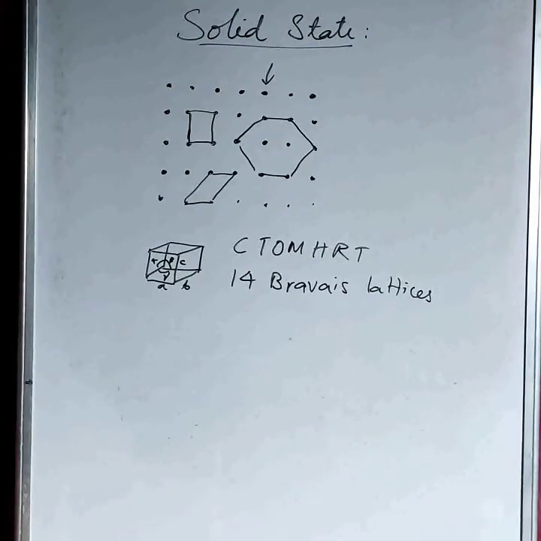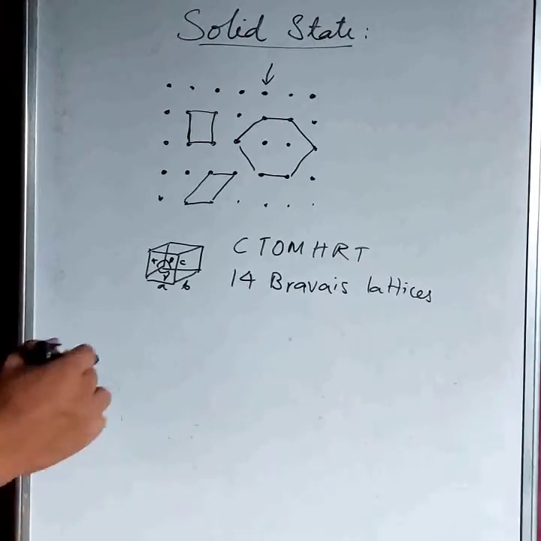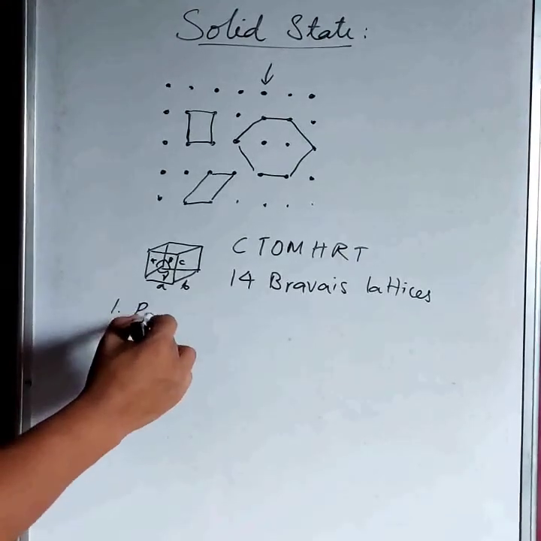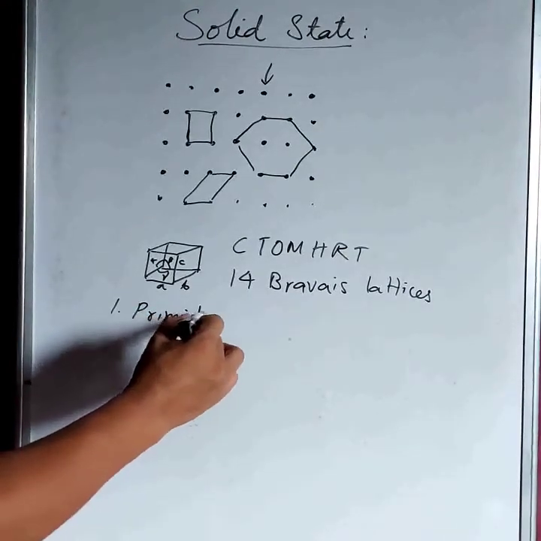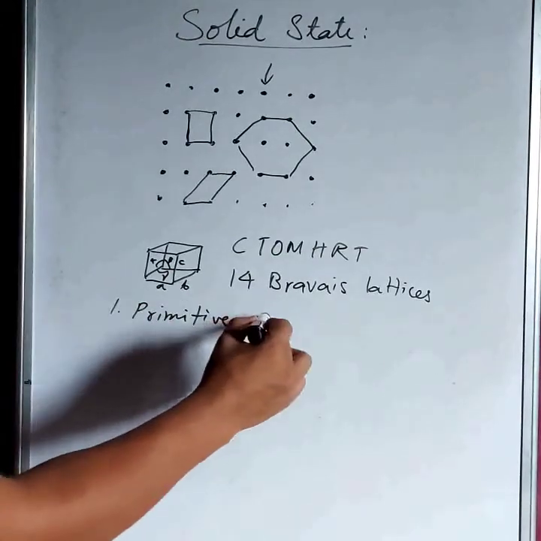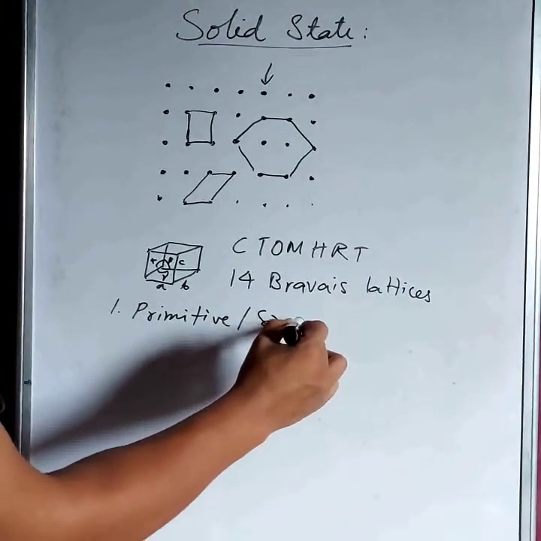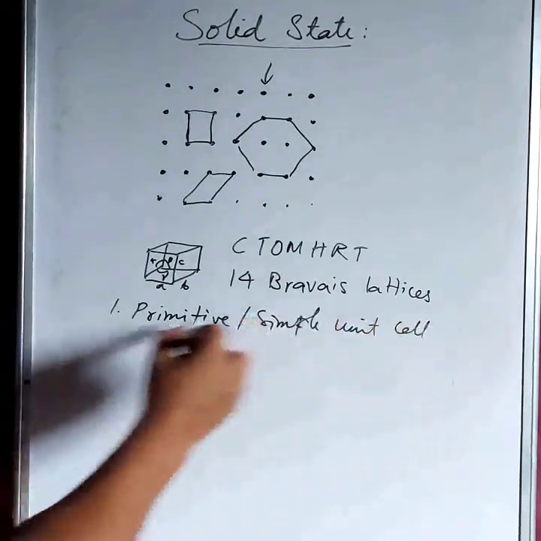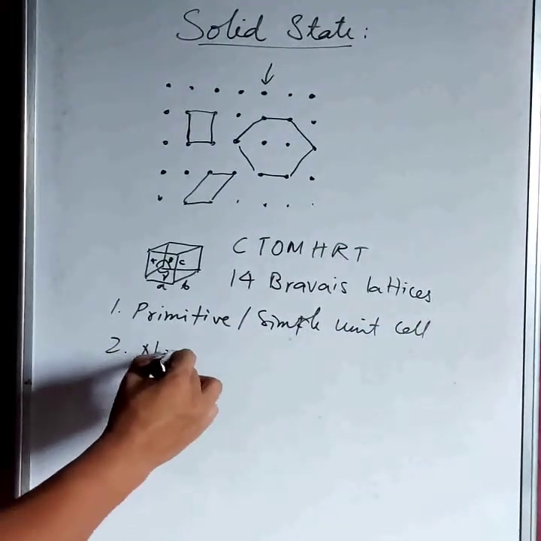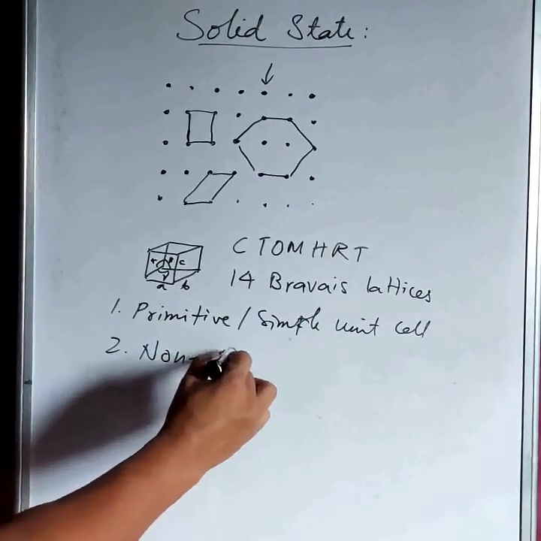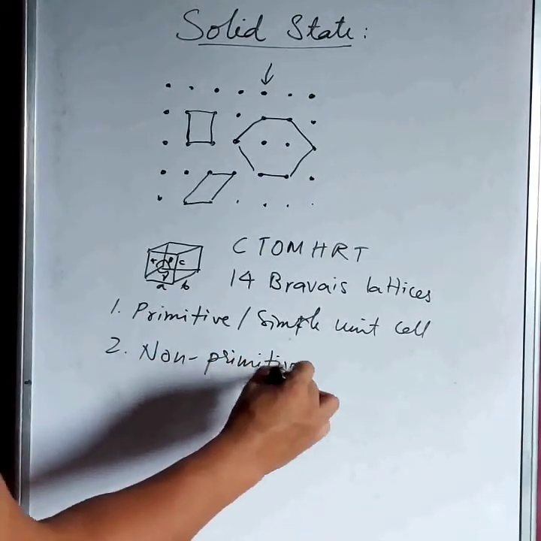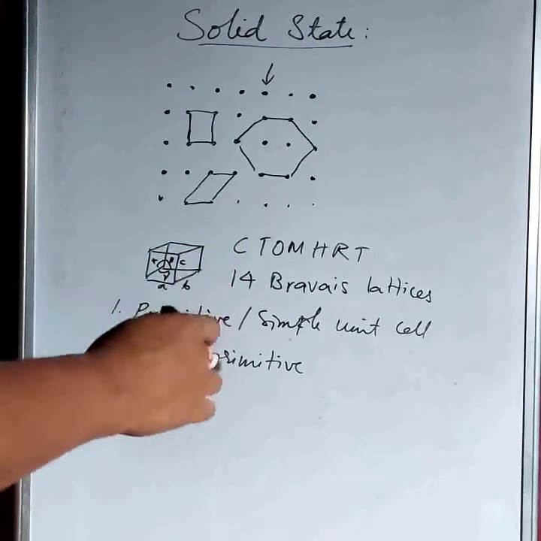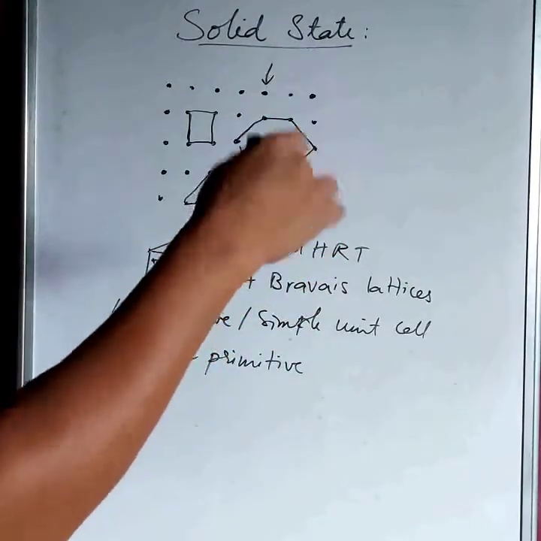Amongst these crystal systems, we have two different types. One is the primitive unit cell, or the simple unit cell, and then we have the non-primitive. In the primitive or simple unit cell, we have only one system, that means a pure cube.